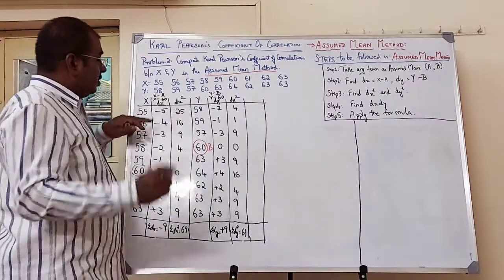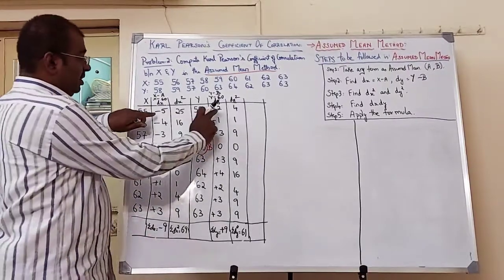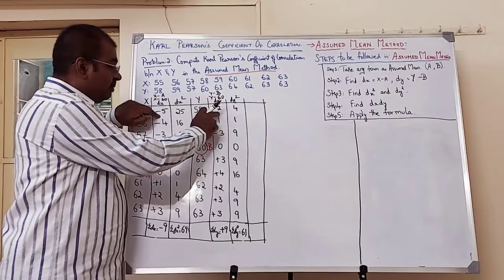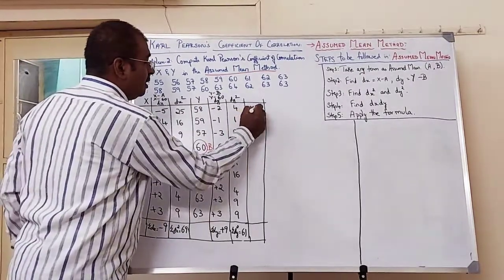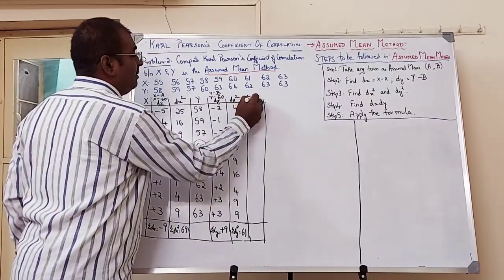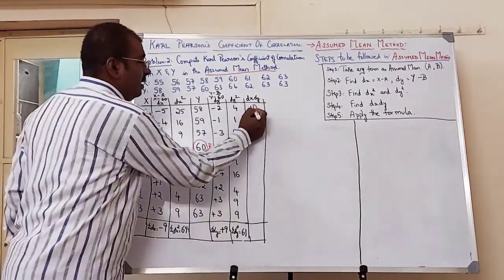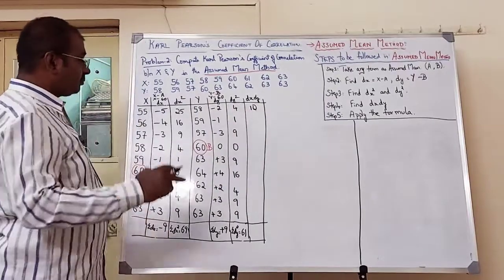So dx and dy are here. Minus 5 into minus 2, minus into minus is plus, 5 into 2 is 10.